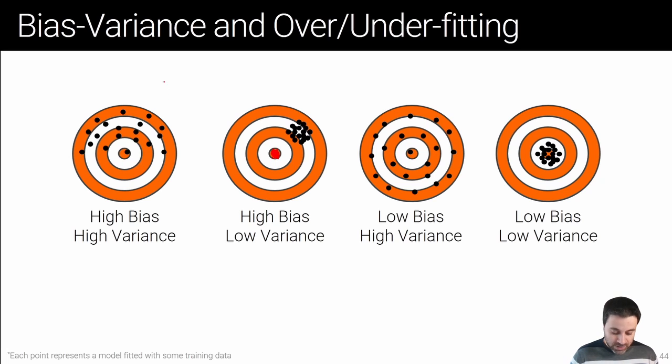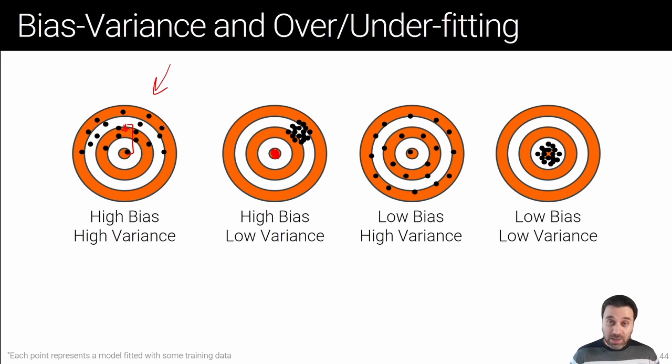Well, over here, we have a case in which we have a high bias because on average, the models are around here, and that's different from the bullseye. So regardless of how much variation there is, the bias is high. On average, we are not in the center of the target.